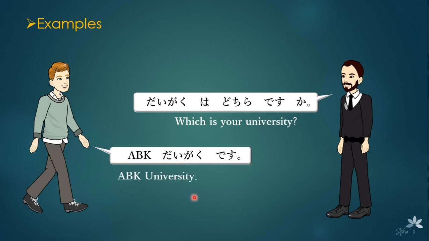ABK University. Again, when you want to know someone's college or university or school, you have to use the word dochira. Suppose you want to know the school, you ask Gakko wa dochira desu ka? Okay?